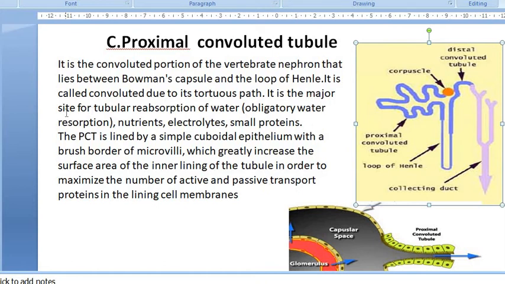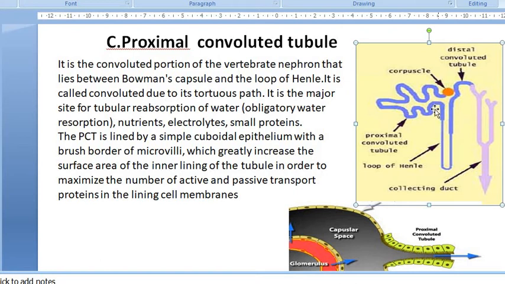It is the major site for tubular reabsorption of water and nutrients. First, the Bowman's capsule will filter the blood and send it to the proximal convoluted tubule. Here in this tubule, the substances which are required by the blood will be reabsorbed and re-enter the bloodstream.